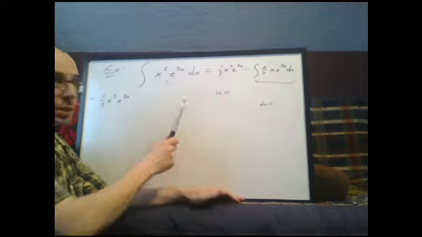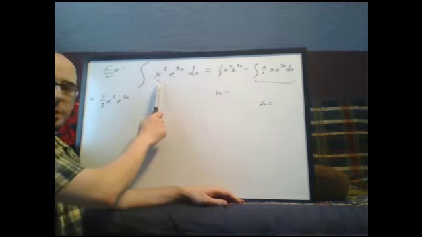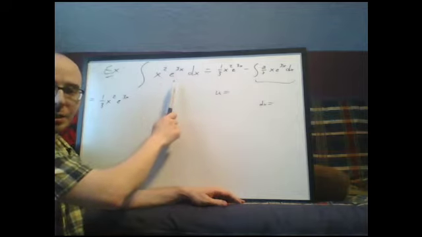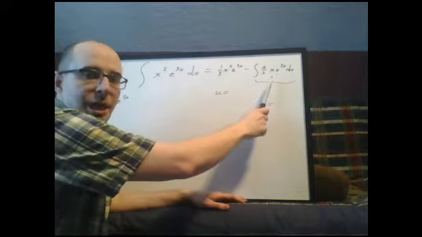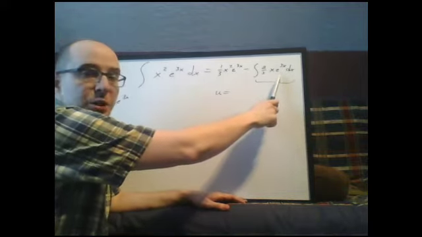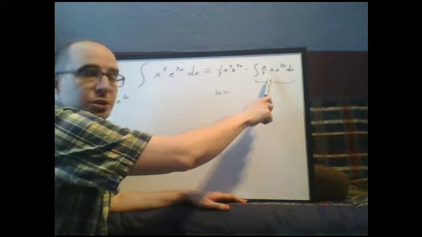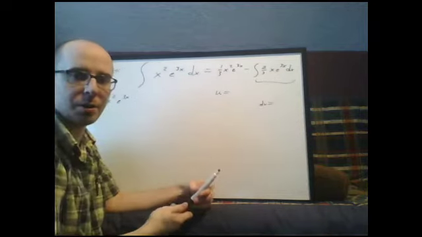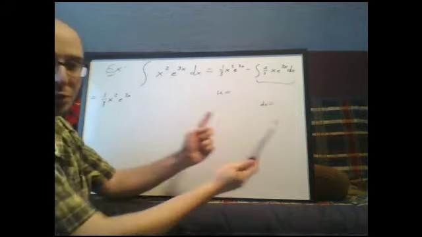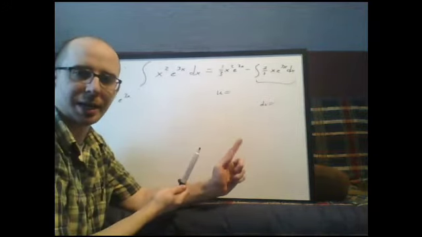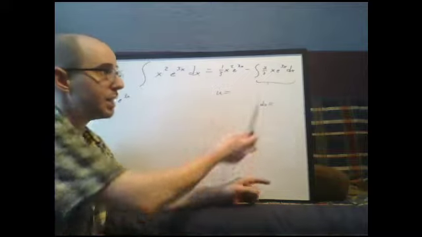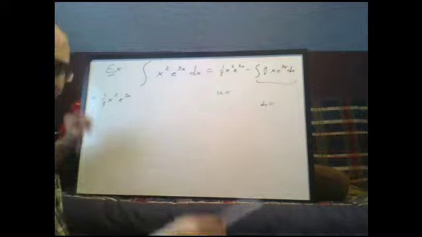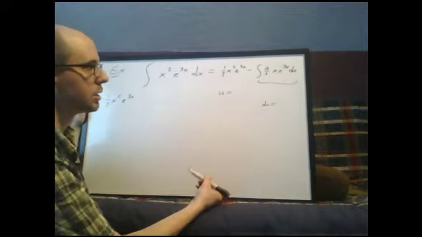The first time, u was the power of x, and dv was the e function. So the second time, dv should still be the e function, and u should still be the power of x. It's a different power of x, but it's still the power function part of the product. If you switch your choices, you'll end up going backwards. You'll get back to the original integral, and that's bad. We don't want to go backwards in our steps.